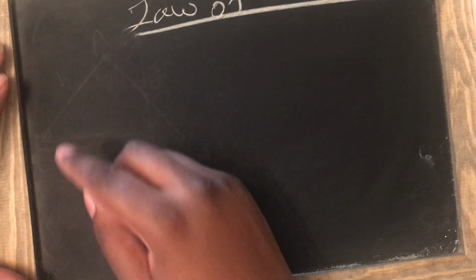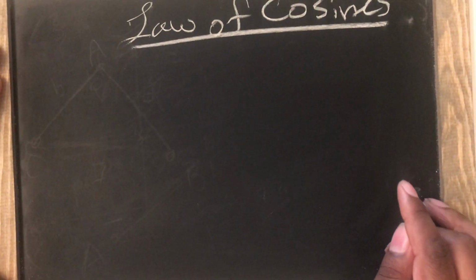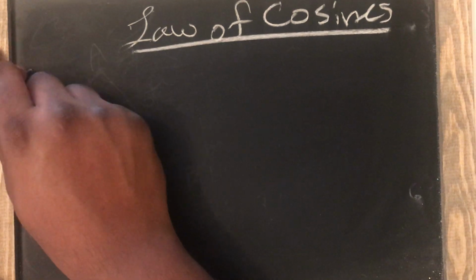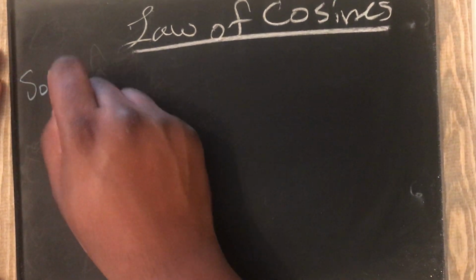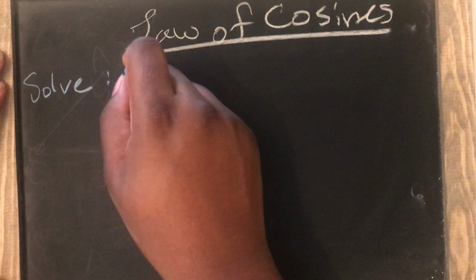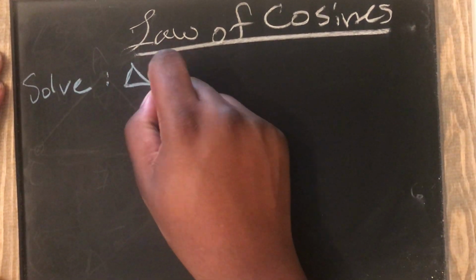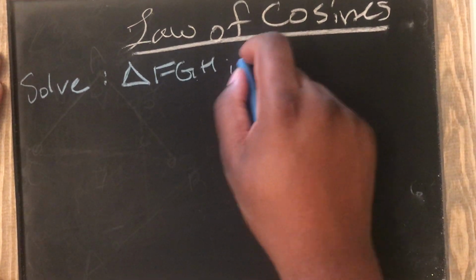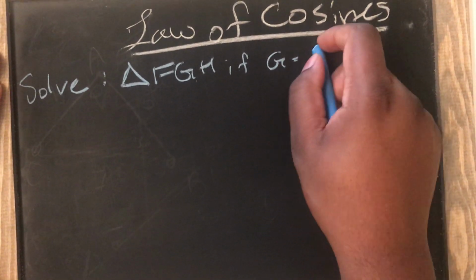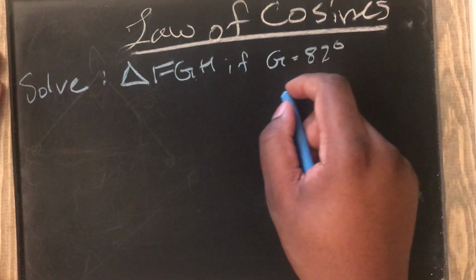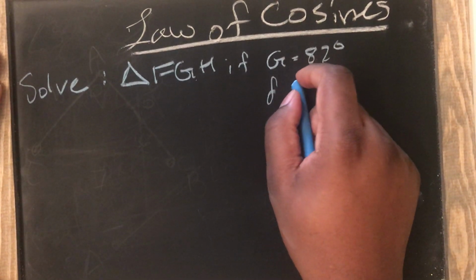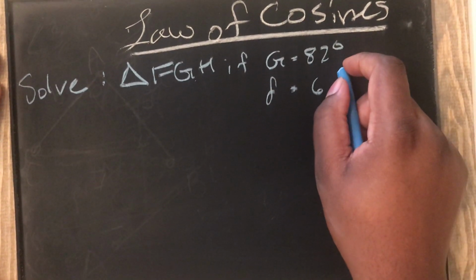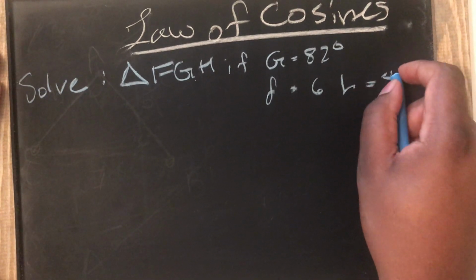In this case, we're given a problem. It says, solve for the missing pieces for triangle FGH if big G is 82 degrees, little f is 6, and h is 4.